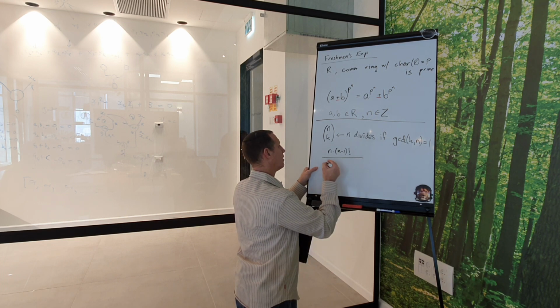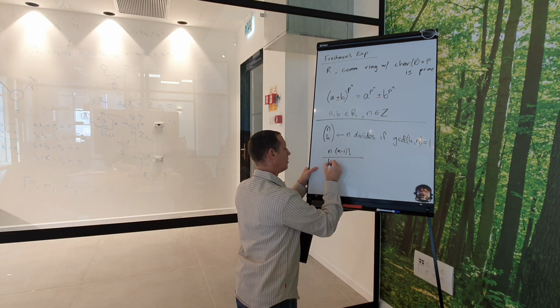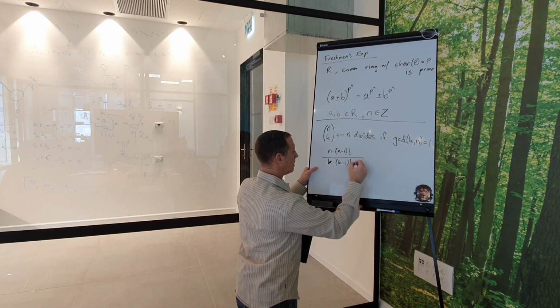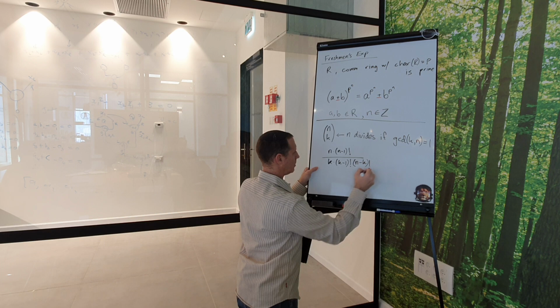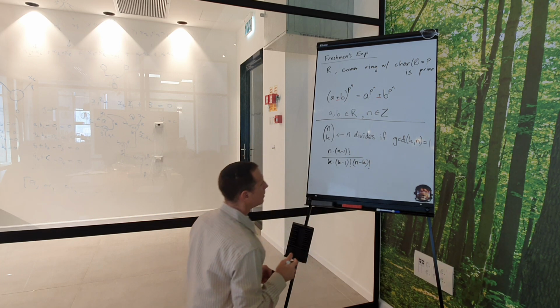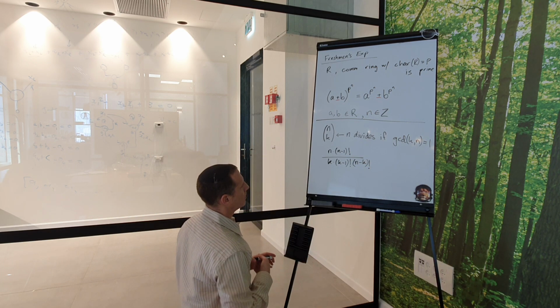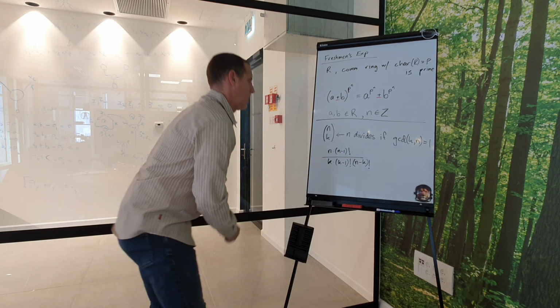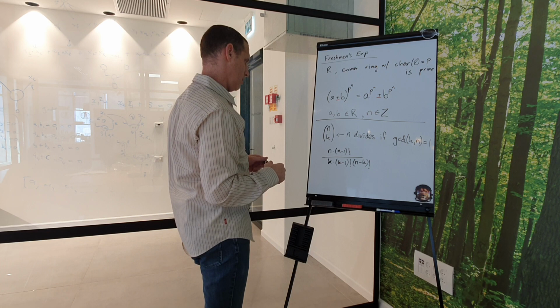You're guessing. Okay. So what would we have here? k times k minus 1 factorial, right? And here we still have n minus k factorial. Right? Another question.